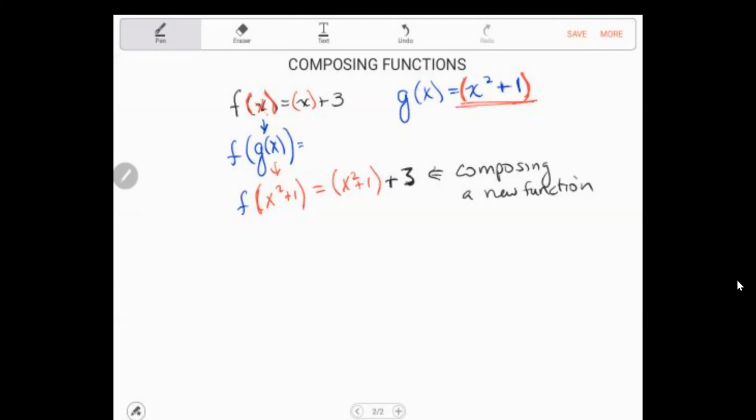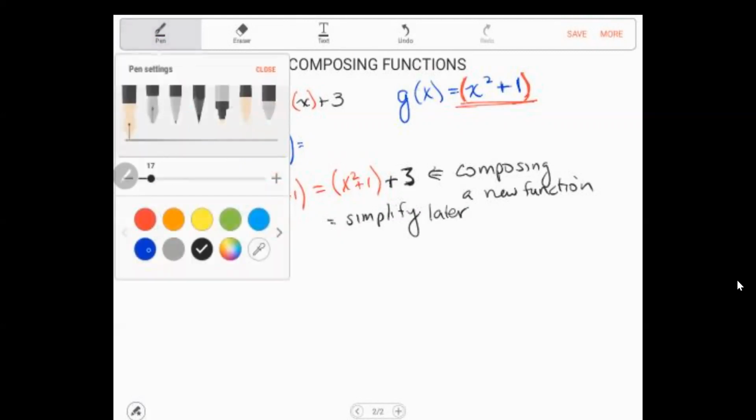The next step that you're going to want to do here is simplify, but we're going to skip simplify for right now, and we're going to look at another example of this. So I'll just say, we'll worry about simplifying it later.